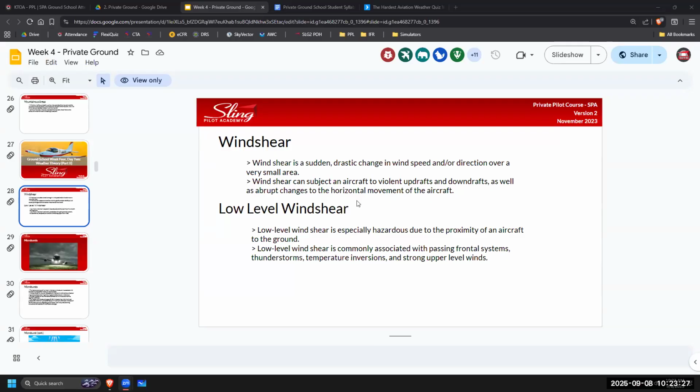And this happens a lot on final, where you suddenly lose like 100 feet of altitude right over the runway, and that can be low level wind shear. If it does happen to you and you're by yourself, you should report it to the tower once you've landed, or your CFI will report it to tower so they can let other aircraft know that that's happening over the runway. So that's pretty dangerous on approach.